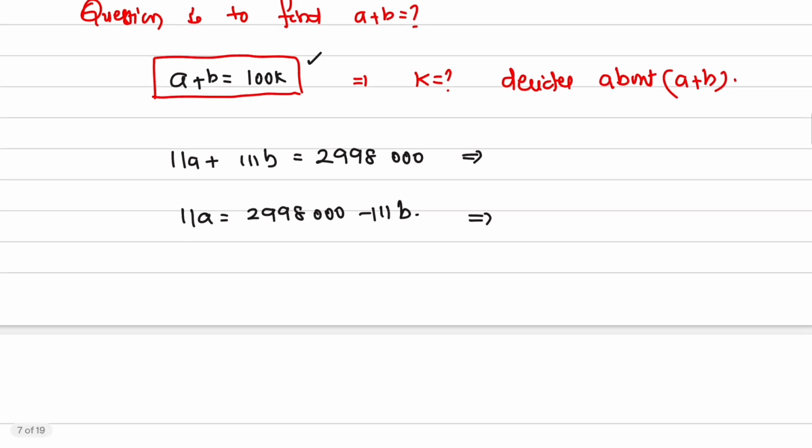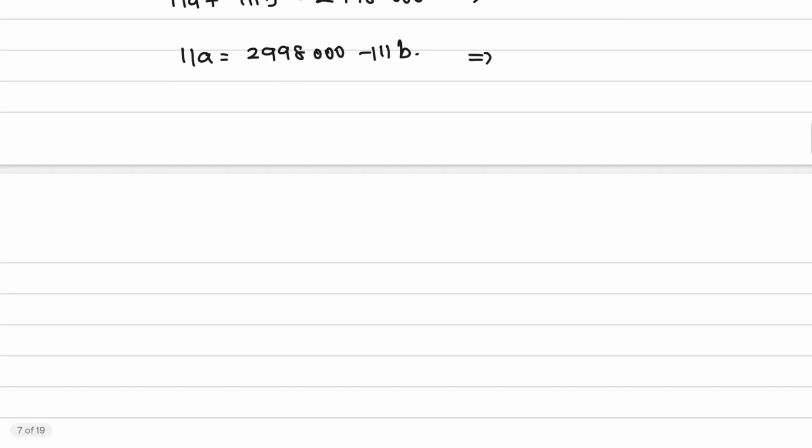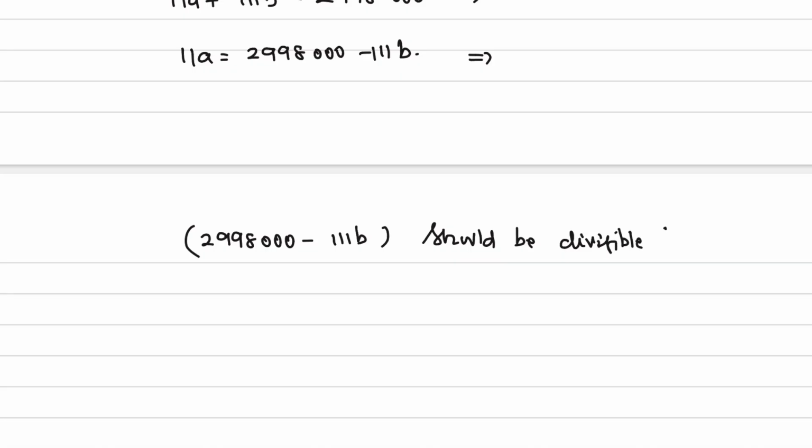That implies for a to be an integer, hence, 2998,000 minus 111b should be divisible by 11.